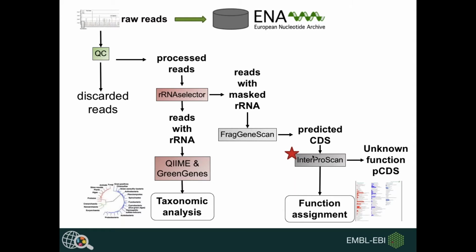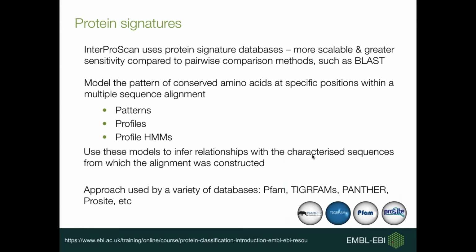I guess the most different part of our pipeline from other analysis systems is InterProScan. So I'm just going to spend a couple of moments describing what that is and why it's different to other approaches. With InterProScan, we're not doing pairwise comparisons with things like BLAST, BLAT, Diamond, and so on. InterProScan is different in that it uses protein signature databases.